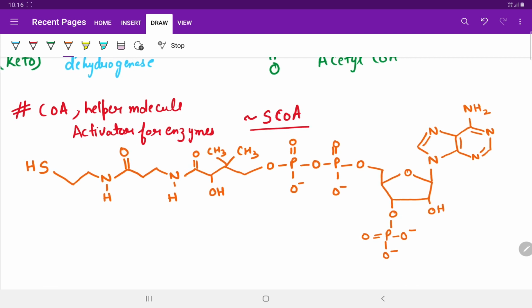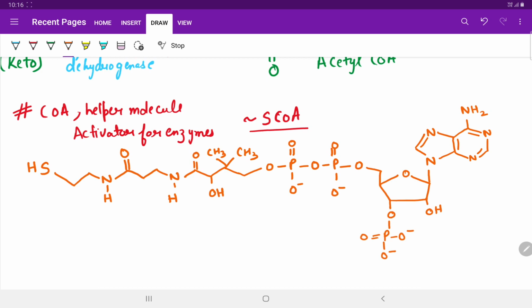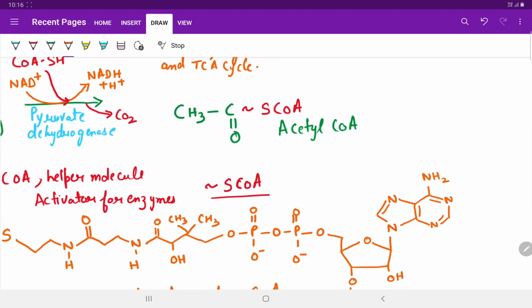So this is the structure for coenzyme A. This is a very huge structure and we cannot use every time this structure over here.